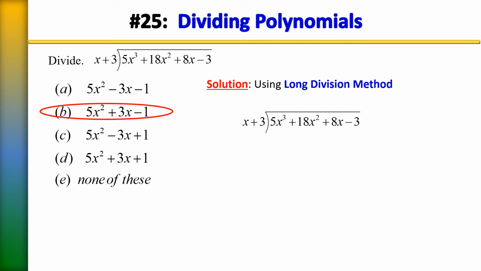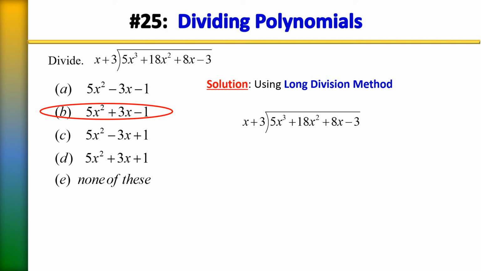One of the first things you should do with the long division method is make sure that all of your terms are in order, starting from the highest power down to the lowest. So if we check here, we have the degree of 3, 2, and then 1, and our constants. So everything is good, so we can go ahead and proceed.